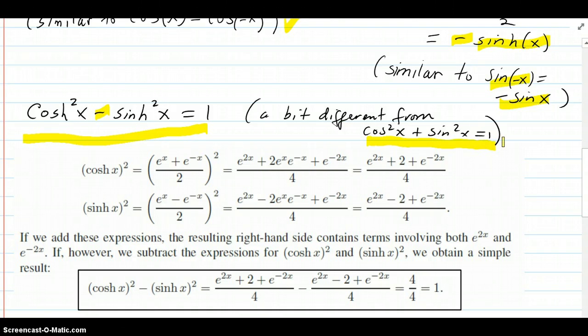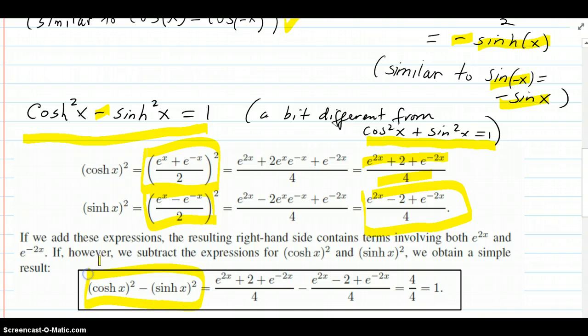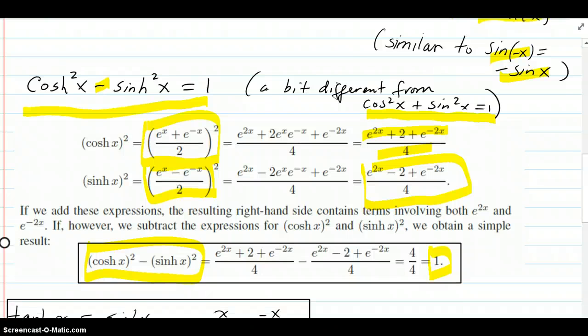And if you want to verify that identity, you square the cosh, work out the algebra, you end up with this. Square out the sinh, end up with this algebra. If you subtract those quantities, everything cancels out and reduces down to 1. So that's the hyperbolic cosine and sine identity.